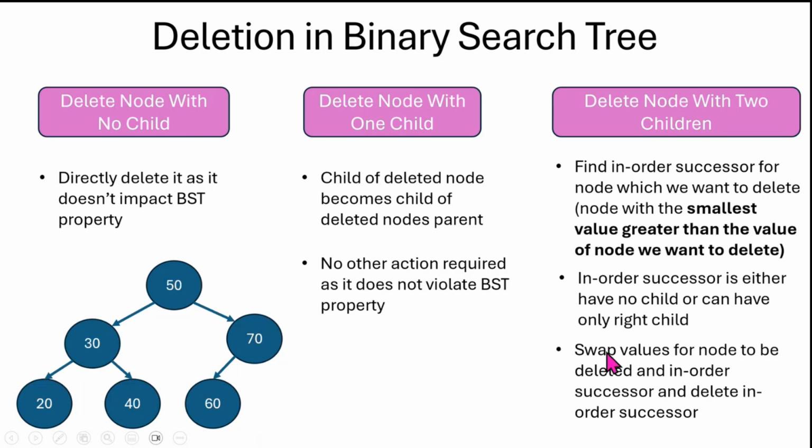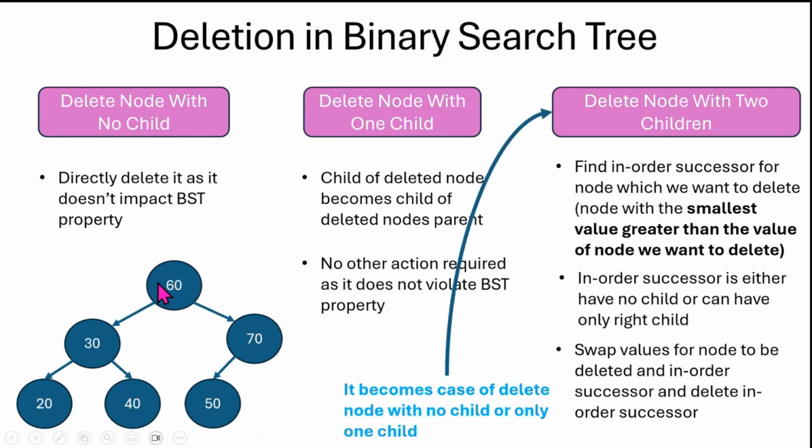So what we do basically, we swap the values of node to be deleted and in-order successor. And physically, we delete the in-order successor node, not the node with two children. So we delete the 50.